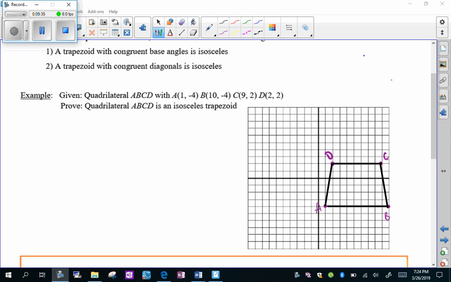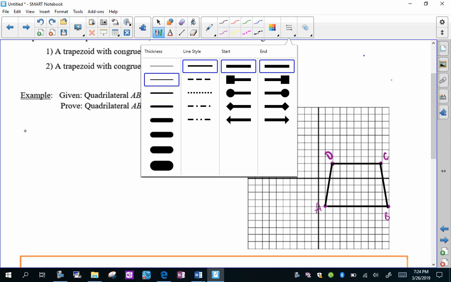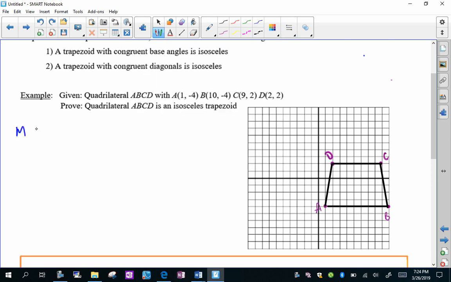So the first thing I'm going to do, I have 2 different approaches. My first approach is to prove that I have 2 lines with the same slope, so I have one pair of parallel sides. So I'm going to look immediately at the slope of DC.